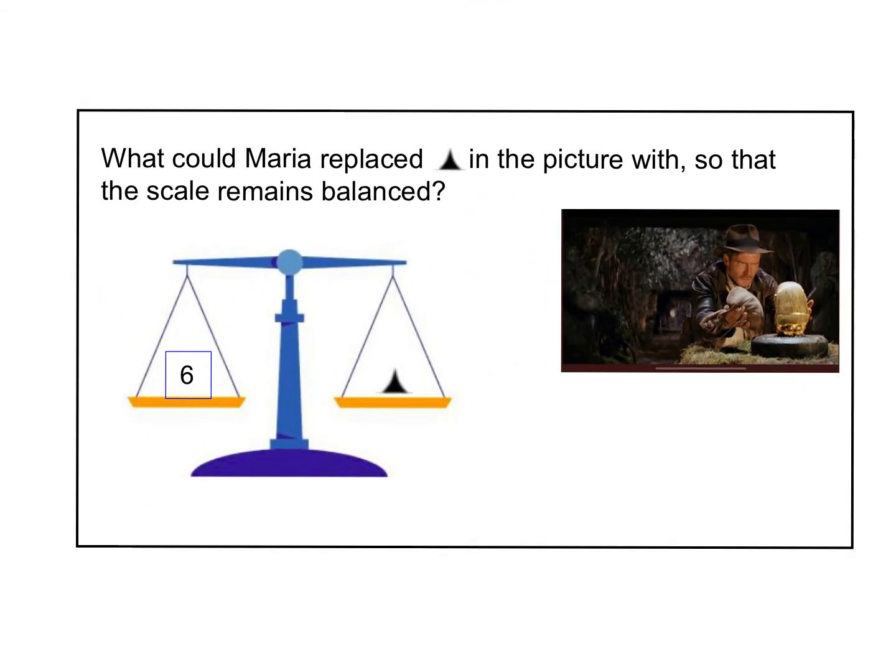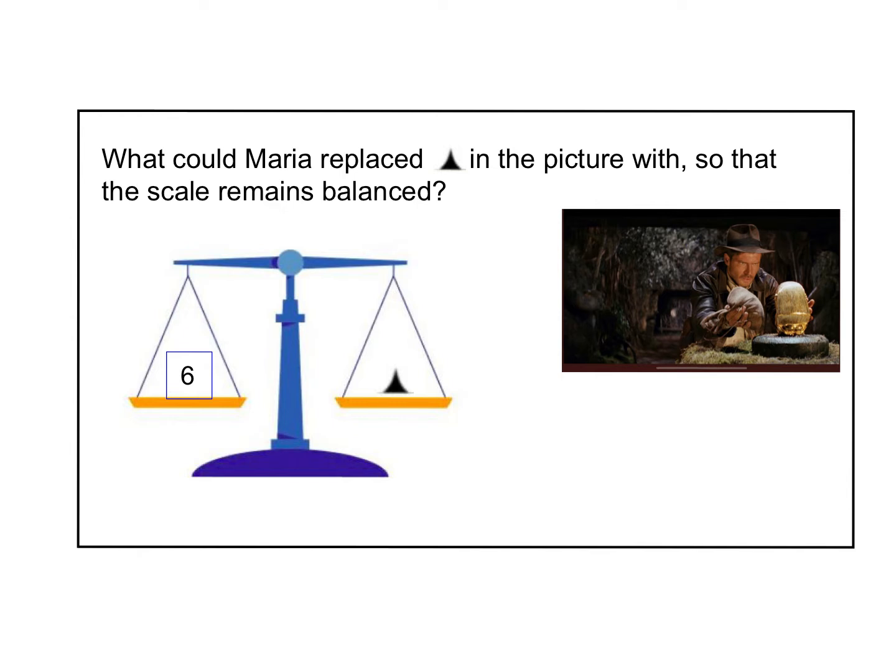Looking here, we have a balance. On one side, we have what we're going to call our triangle or our pawn. And on the other side, we have this block with a 6. So what do you think Maria could replace our triangle with so that the scales remain balanced?